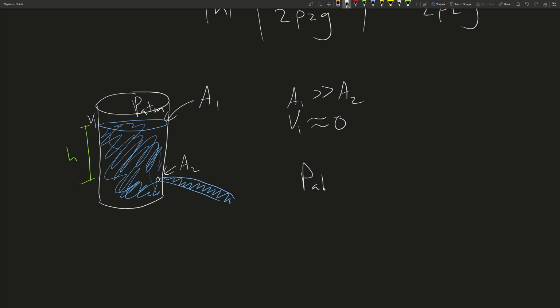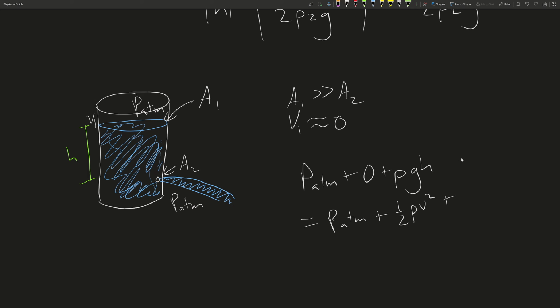So atmospheric pressure plus 0, because our velocity is basically 0, so we can cancel out the kinetic energy term, plus rho gh, the potential energy at that point, is equal to, since this hole is also exposed to the atmosphere, atmospheric pressure plus 1/2 rho v squared plus 0, because we're setting this as our 0 for the height.